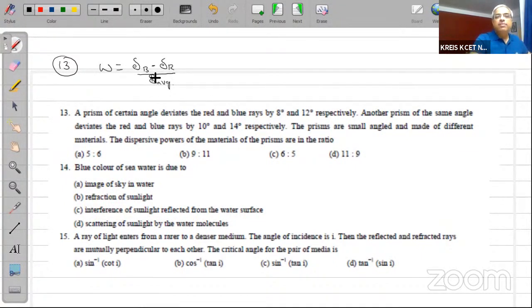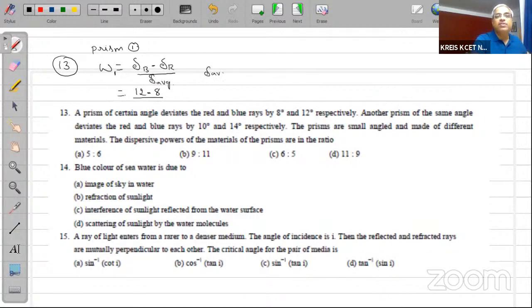Okay. According to this, look, this prism, the first prism, I am calling this as prism 1. Prism 1, let us call this omega 1. This will now be equal to 12 minus 8 divided by average.